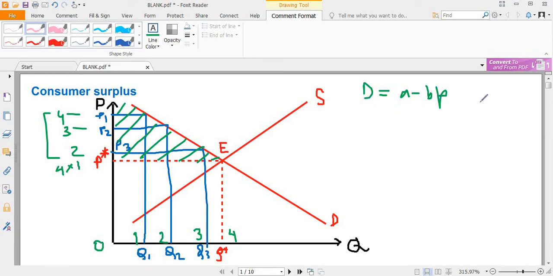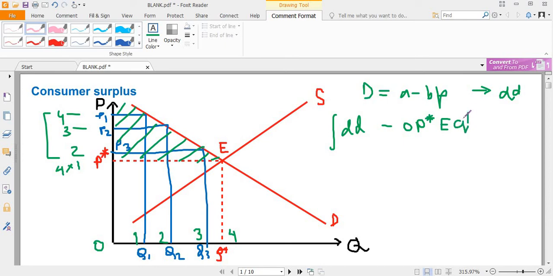So hypothetically speaking, if this represents the demand function, my consumer surplus would be the area under the demand curve minus OP star into OQ star, or you can also write it as the rectangle OP star EQ star.